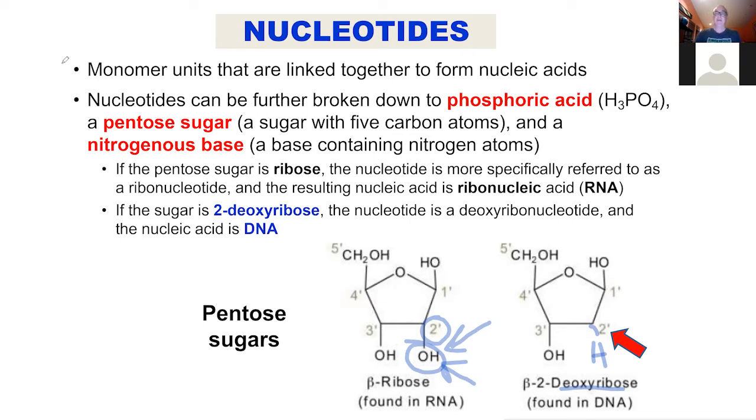And on DNA, there's a hydrogen there and they can't. And so DNA is much more stable than RNA. And that's one of the reasons why in us and pretty much every other living thing on Earth, we use DNA as the store of genetic information. One of the reasons is it's a lot more chemically stable than RNA is.